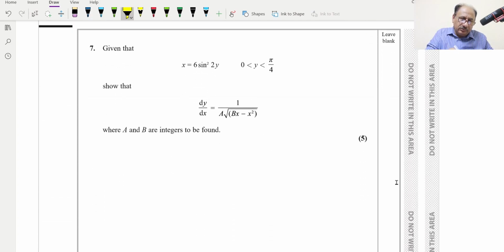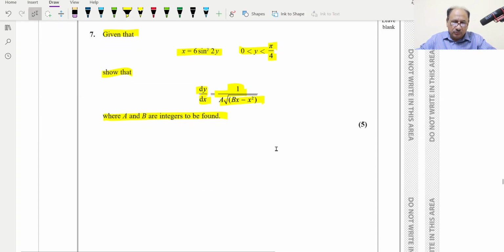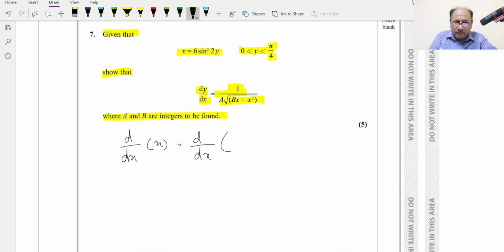Question number 7: given that this equation is given, y is ranging from 0 to pi by 4, show that the derivative of this is equal to this one, and a and b are integers to be found. So we will find d over dx of this side, x, is equal to d over dx of 6 sine square 2y.